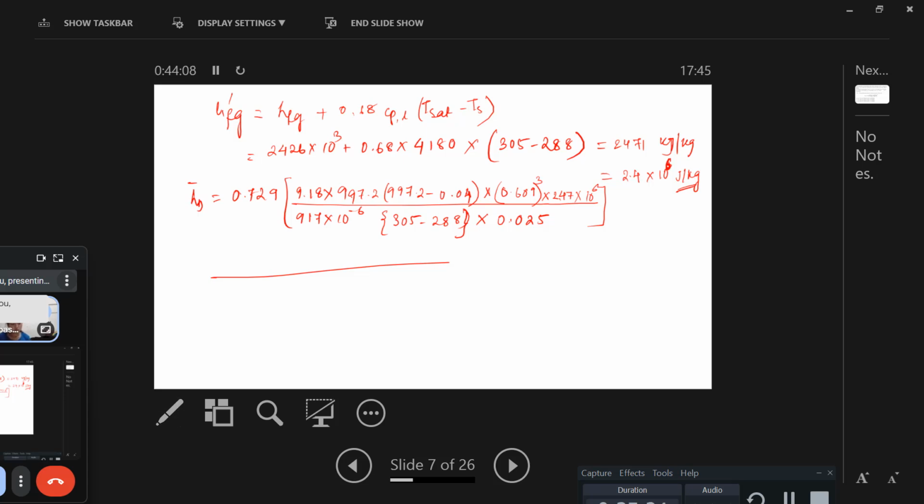This is to the power 1/4. Alright, now if you calculate the whole thing, you get HD bar 7925 watt per meter square Kelvin.